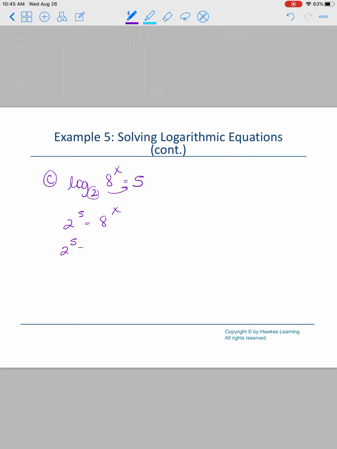I can't do anything to the 2, so 2 to the 5th equals 8, which is 2 to the 3rd, times my x. Now that I have the same base of 2's, those can drop and go away, and I get 5 equals 3x. Set the exponents equal. Divide by 3, and x equals 5/3.